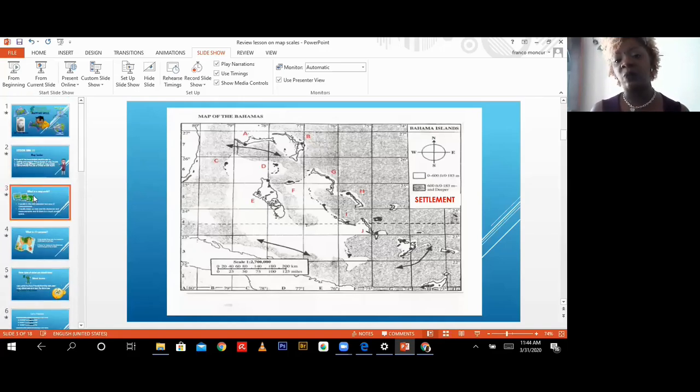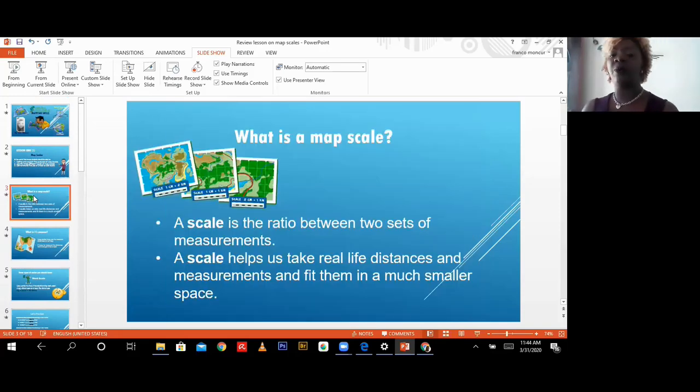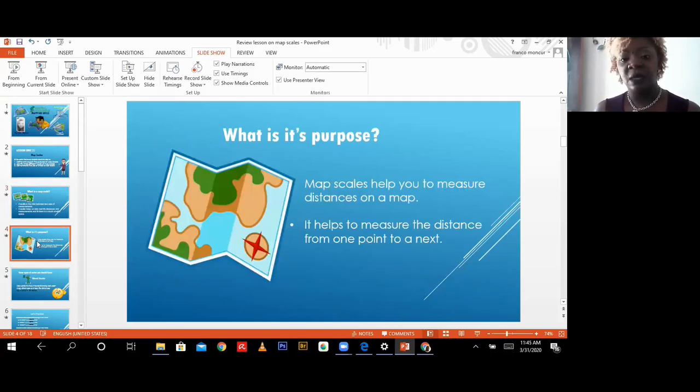We would have looked at what maps really are, and why map scales are important, and most of all, who needs them. And we would have learned that map scales help you measure the distance from one place to the next.